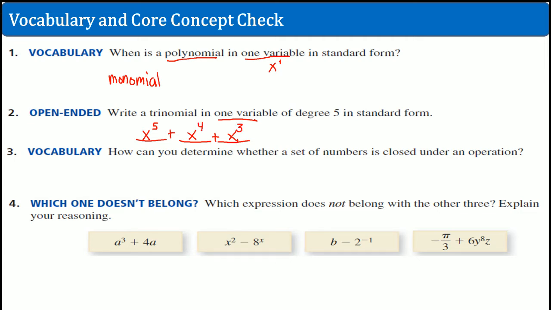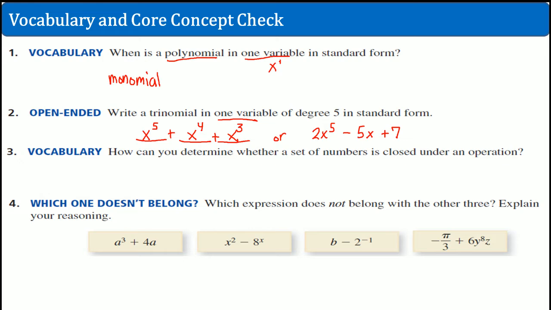Or another one could look like this: 2x^5 minus 5x plus 7. That would also work. This is a trinomial because it has three terms, one variable, which is just x, and the highest degree is 5.